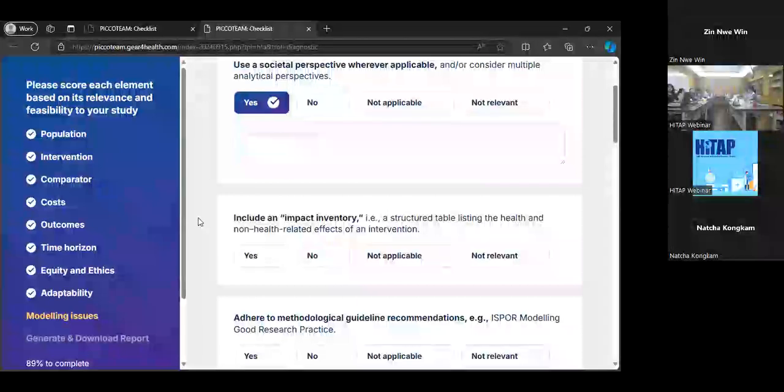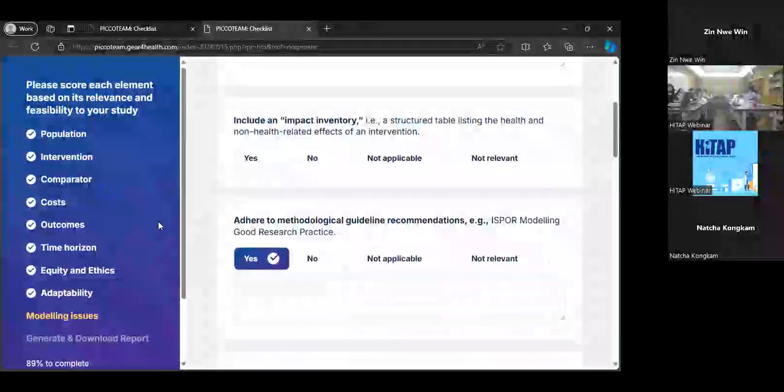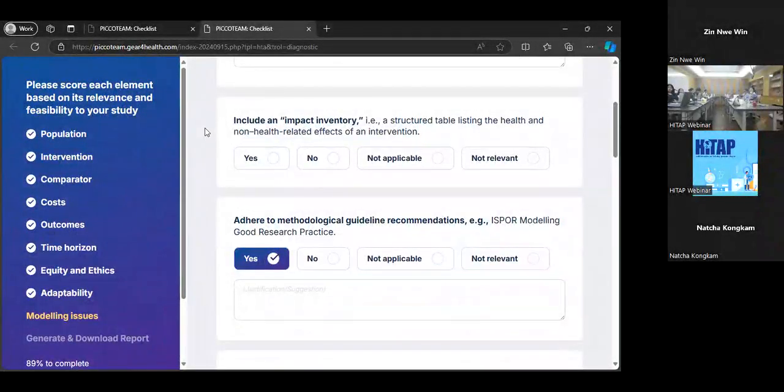And the key take-home message here is, of course, you need to adhere to established guidelines when designing the economic model. Better if you have a reference model, you can use it and make your own modification on that.